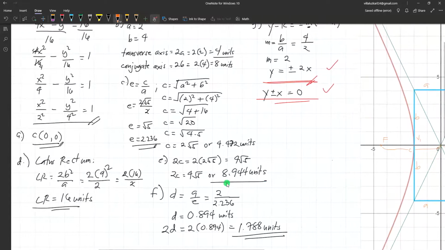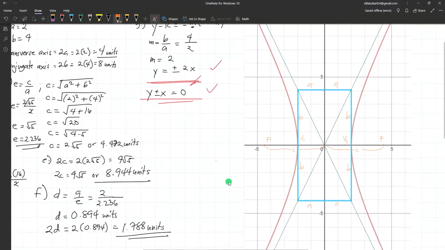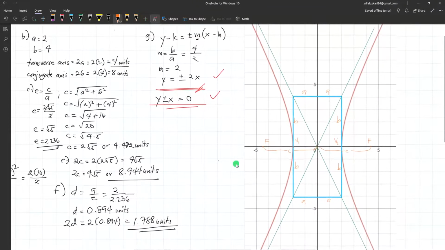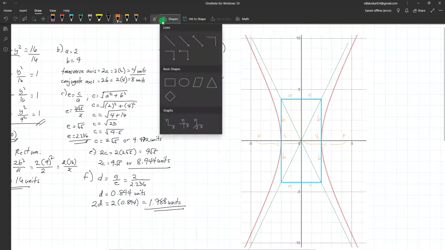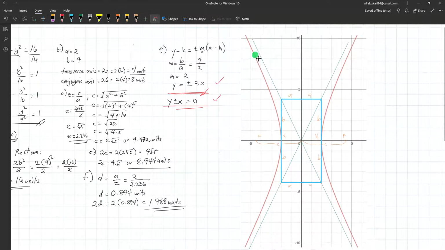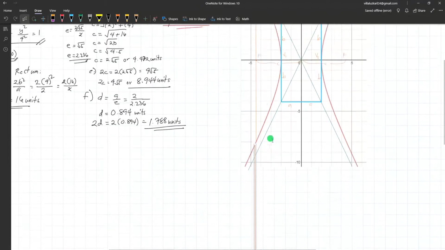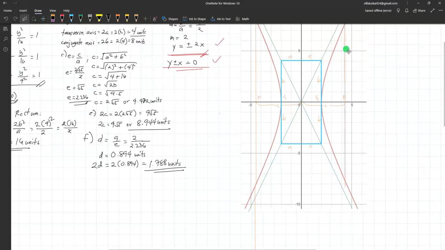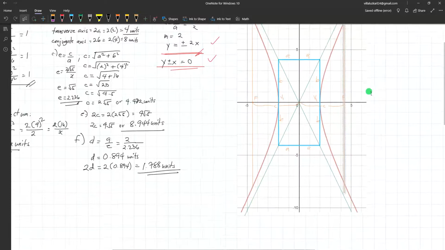That means if we measure the distance of a line perpendicular to the focus, to the foci, it should be exactly 16 units.